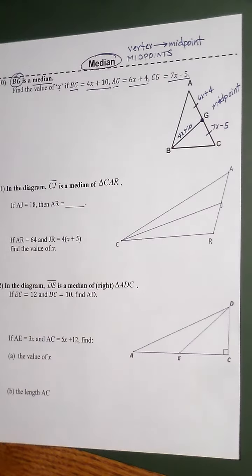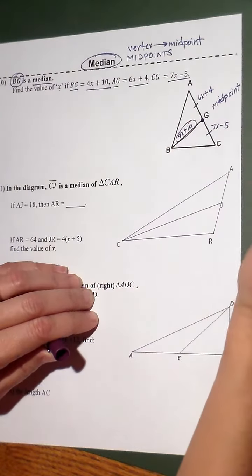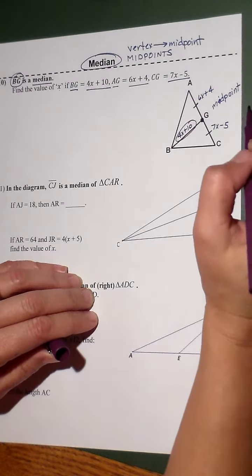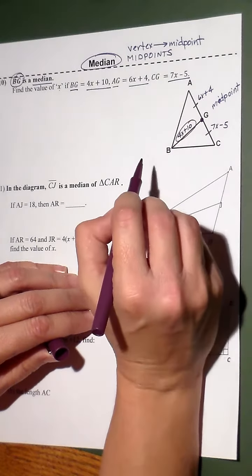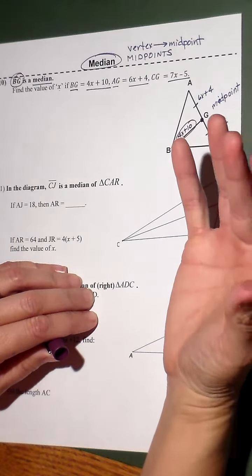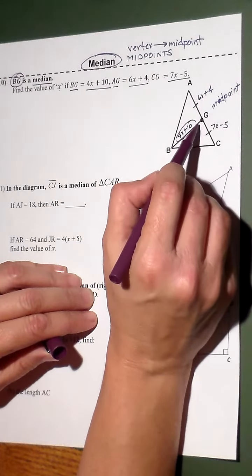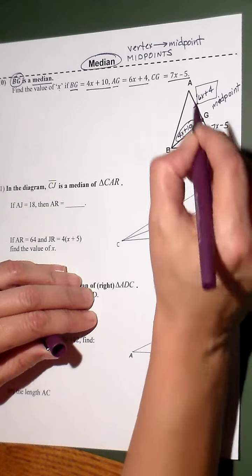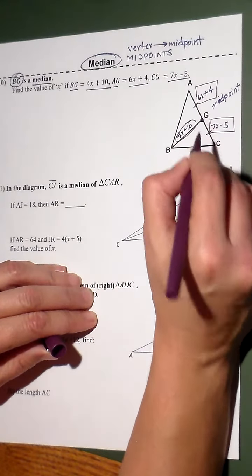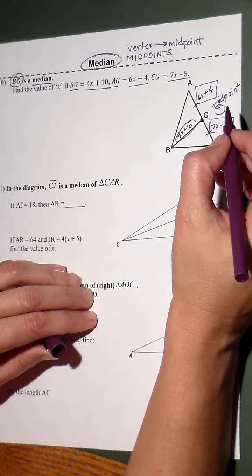We don't have anything right now that tells us how to find the median. However, what can I use to find it? x, right? Well, how can I find x? Since it's a median, it connects to a midpoint, which means what about 6x plus 4 and 7x minus 5? You're right, they're equal.